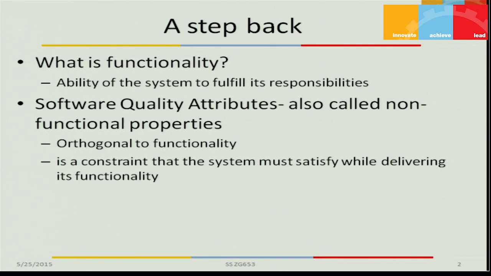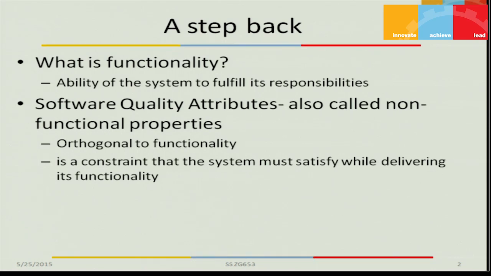But quality attributes are something different and quite orthogonal to its functionality. It has got nothing to do with functionality. So if we are talking about, let us say, a television set, then its functionality is to essentially display pictures, images, videos coming from different sources. That's a functionality. But the quality attributes might be something very different.